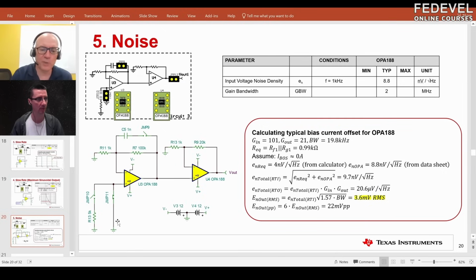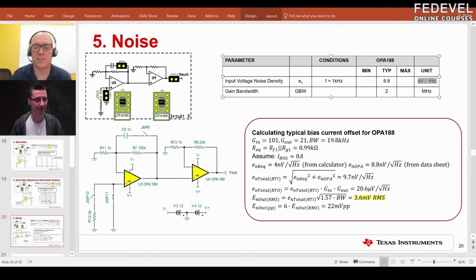So we're going to use the same circuit we used for the offset test. But in this case, we're just going to look at the AC variation in the offset, which is the noise. This is a very simplified calculation, but basically the way that noise is specified in the data sheet is a spectral density, given in nanovolts per square root hertz.